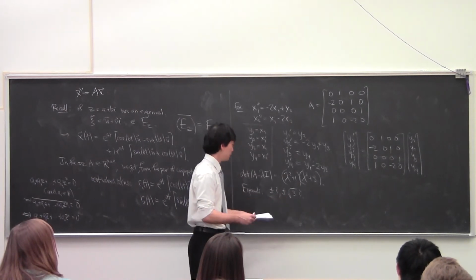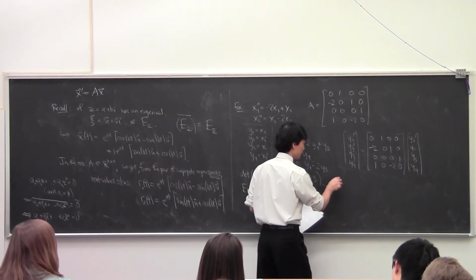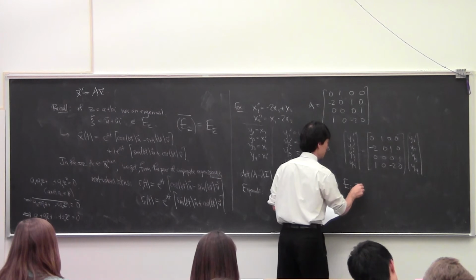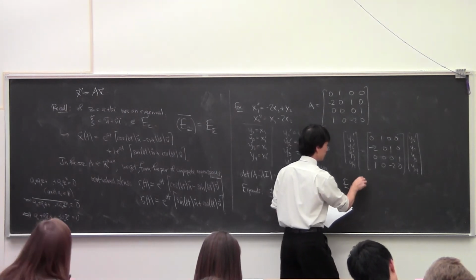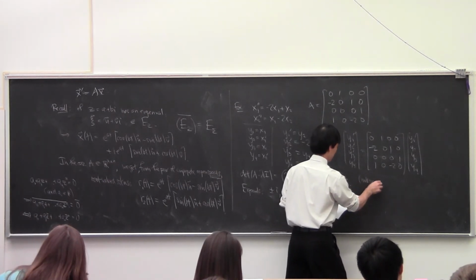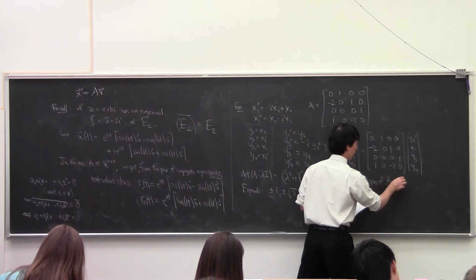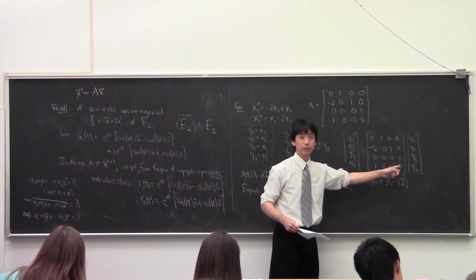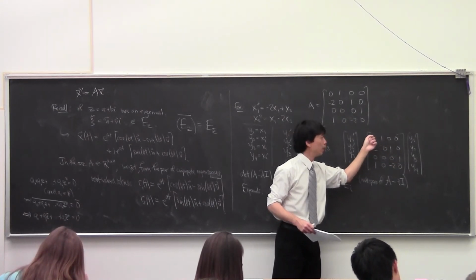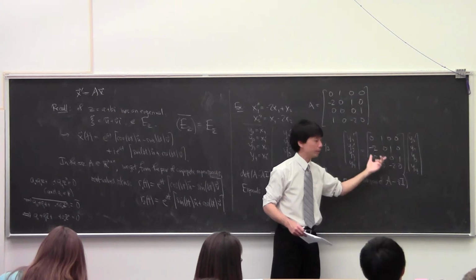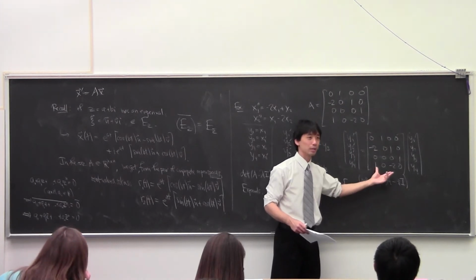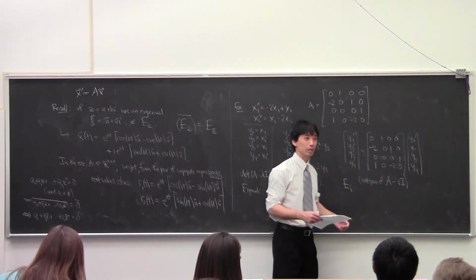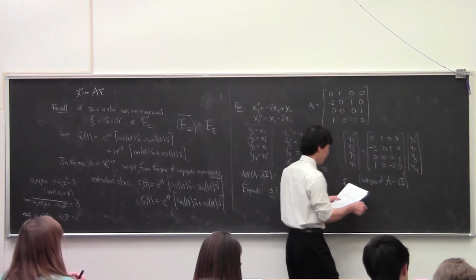So you work it out, and you get that E sub i is the null space of A minus iI. So you take this matrix and subtract i's down the diagonal, and then you solve that system. It's just like solving a real system, except you have complex numbers. So it's basically the same thing.